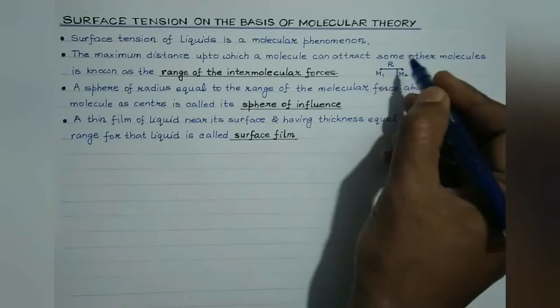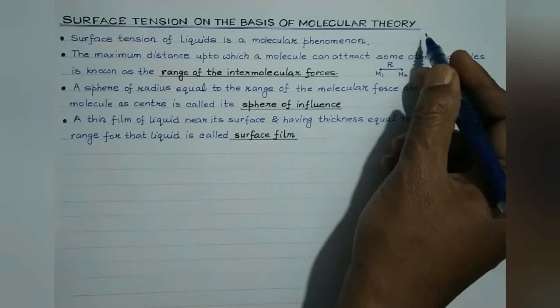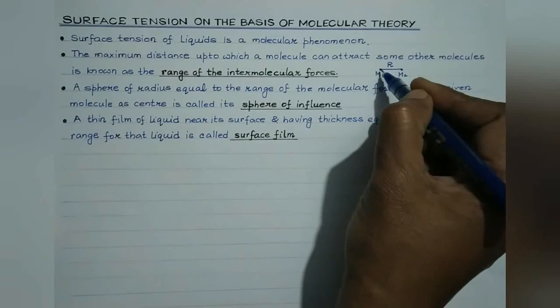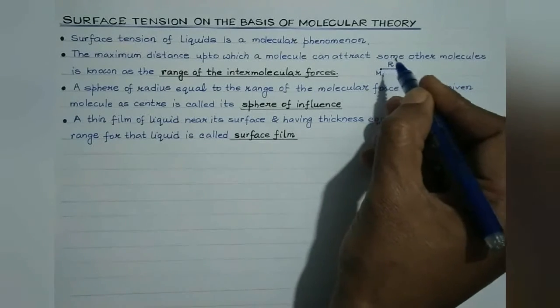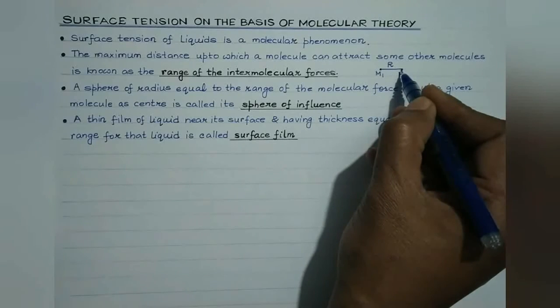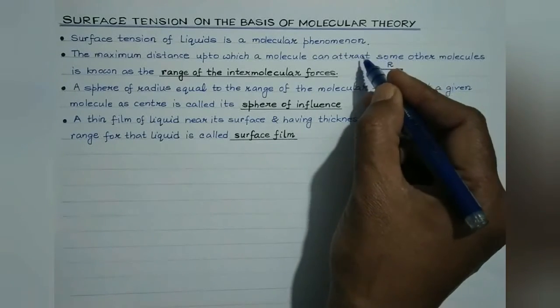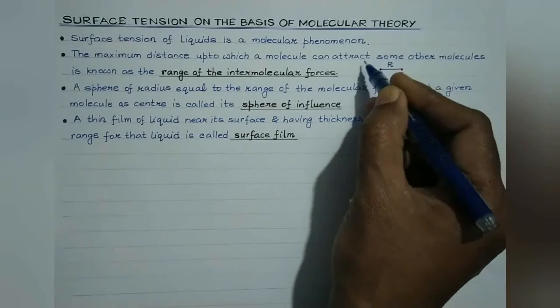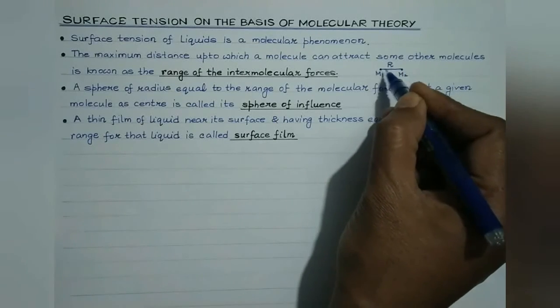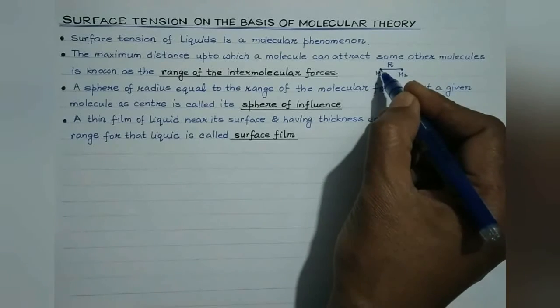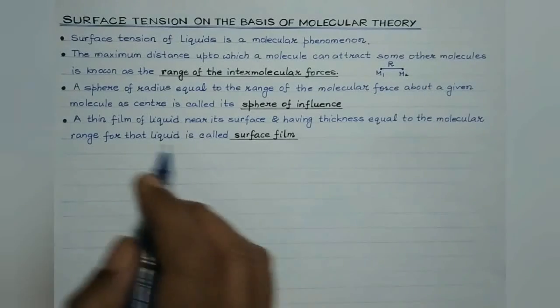Any molecule residing outside that sphere will not interact with molecule M1. So it's an imaginary sphere of radius equal to the range of the molecular force. That is known as the sphere of influence, with M1 as center.